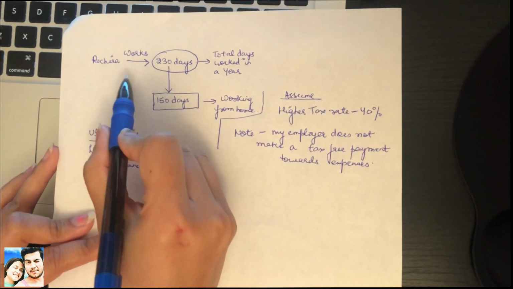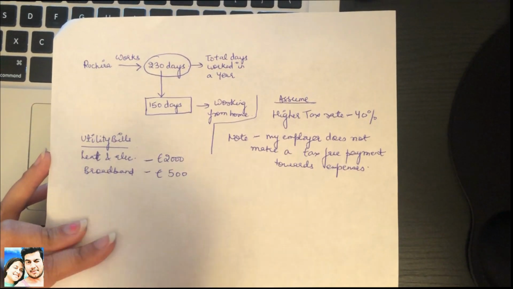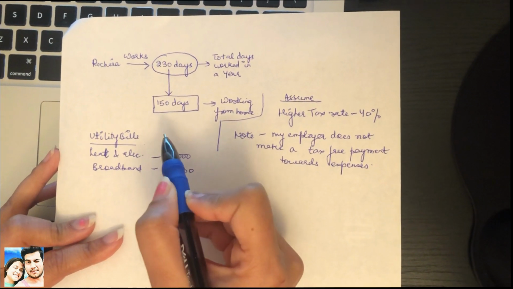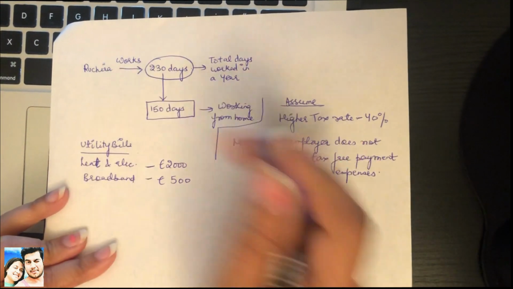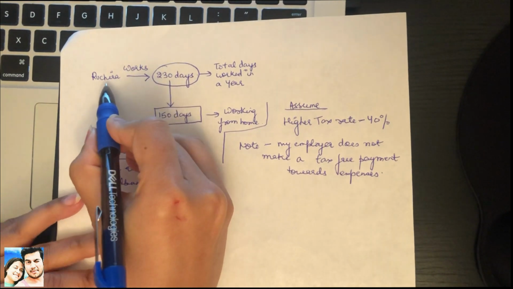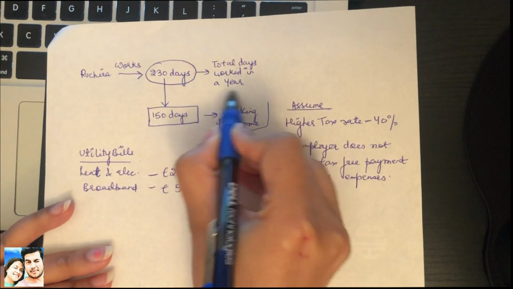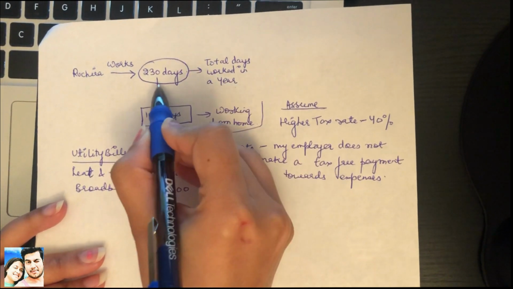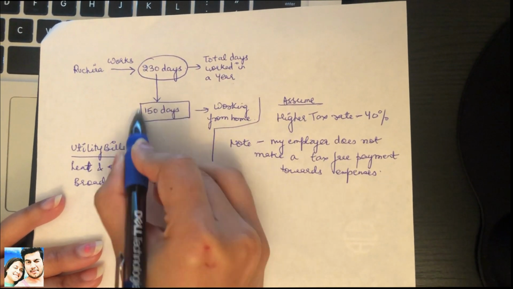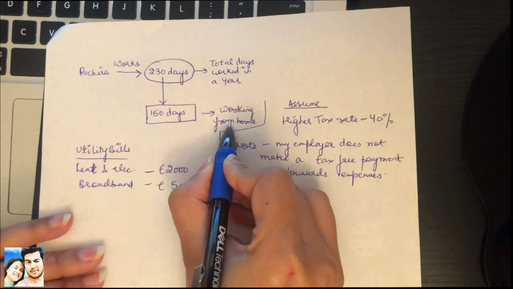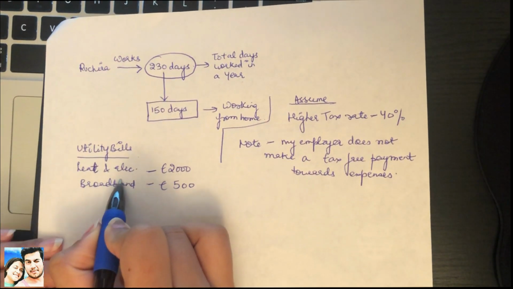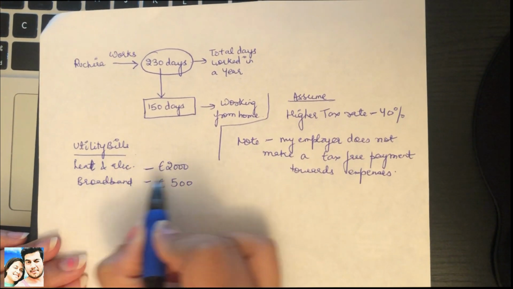To give you an example of how you can actually calculate your tax relief, let's take an example of myself. Let's say Ruchira works 230 days in a year, out of which she has worked 150 days working from home. The utility bills which I've mentioned, heat and electricity, are 2000.